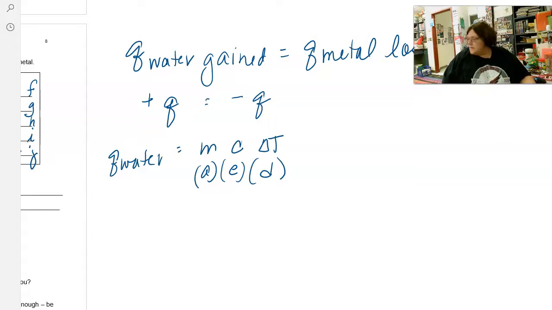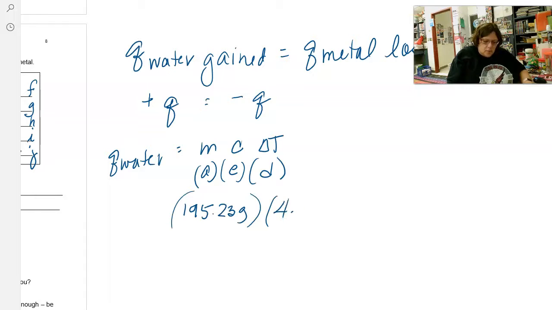So if we multiply that out, I will use some data. The mass of the water is 195.23 grams times 4.18 joules over grams degrees Celsius.